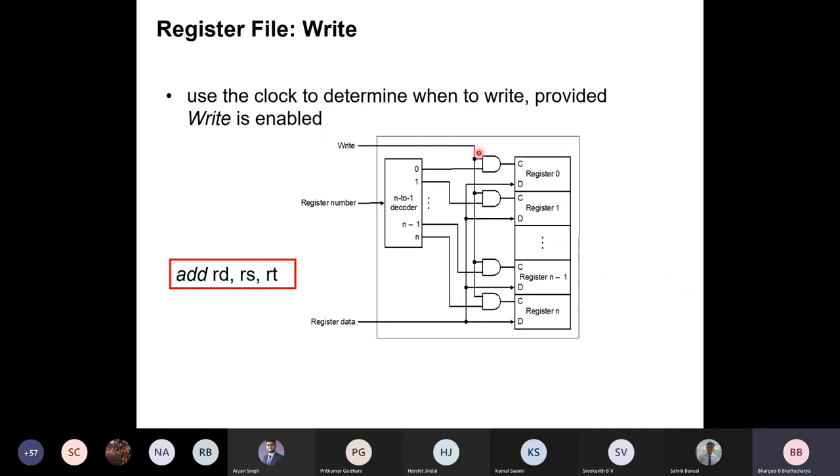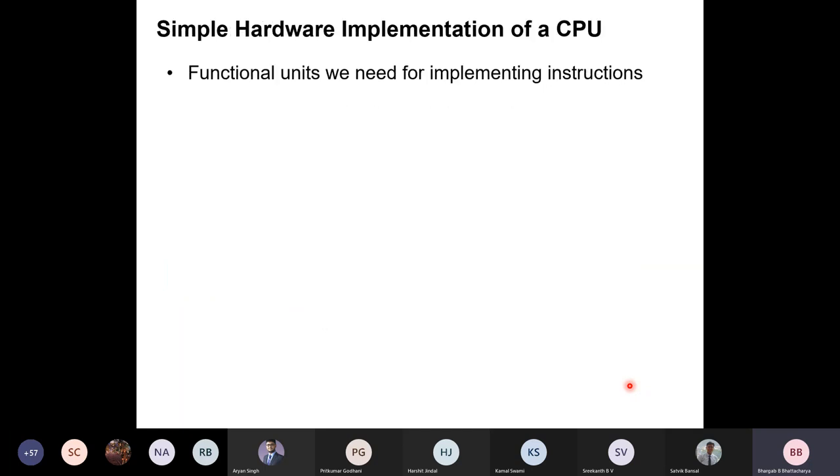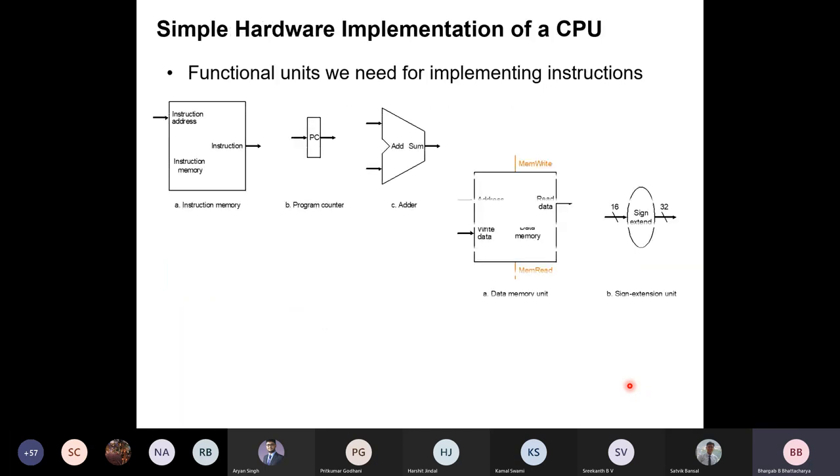And this is the write enable line, so that the write operation can be performed. And of course, you need the clock signal to execute the write operation, so as to synchronize it with the remaining portion of the CPU. So that's all about register read and write.